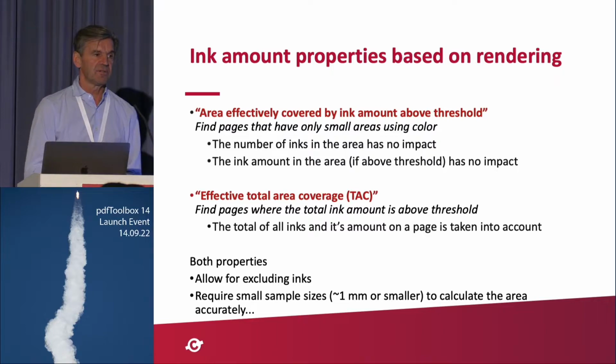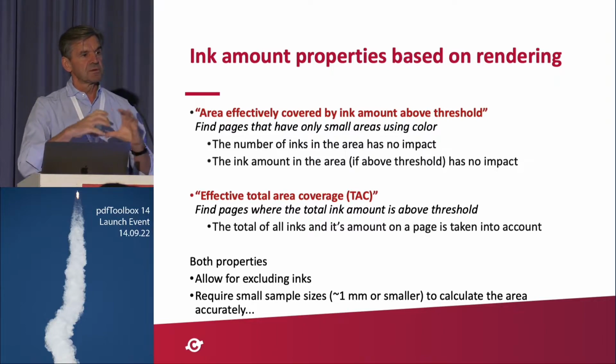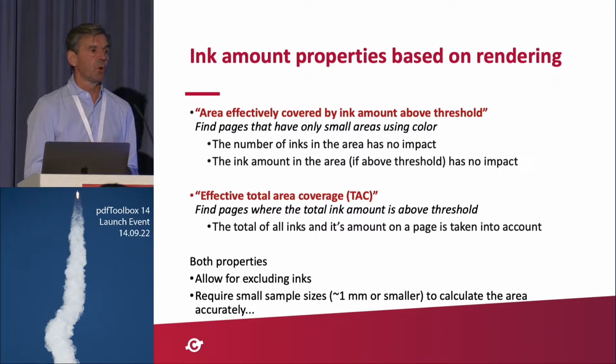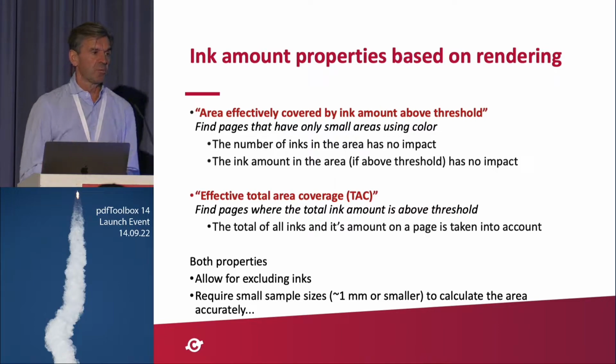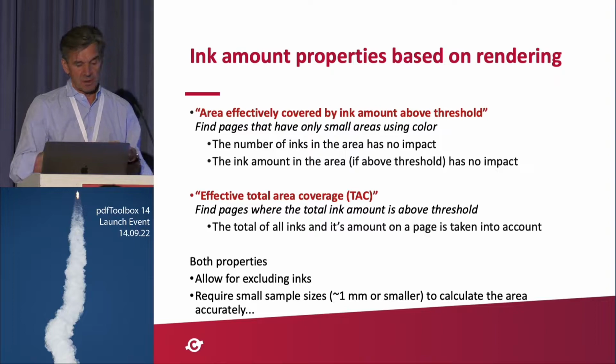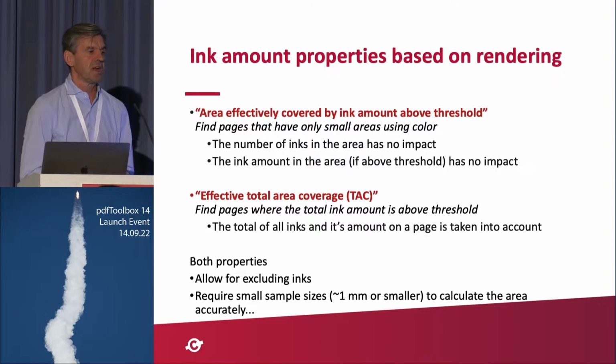The other one is different. The other one would get you the total of ink. So if in that area there is cyan and magenta, 100%, then you would get the size of the area times 200. So it would give you 200%. It would total the inks, and it would also take the ink amount in the color you're looking at into account.